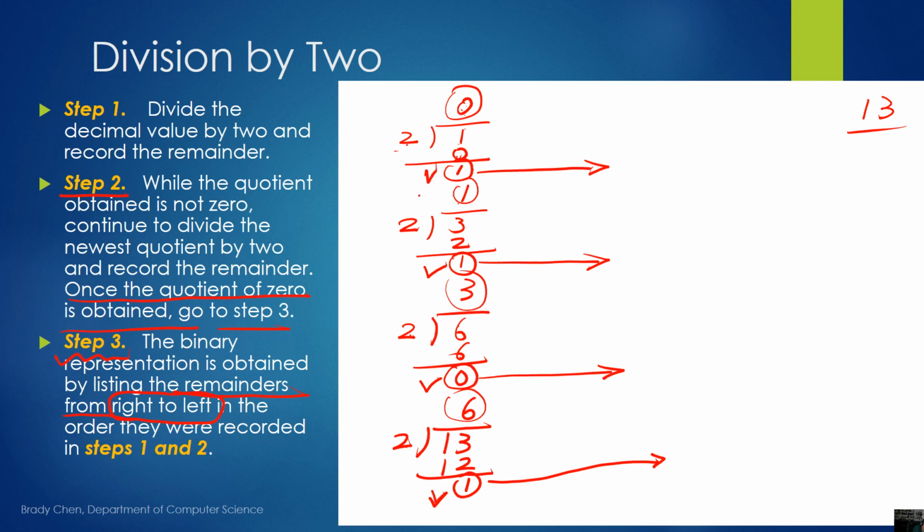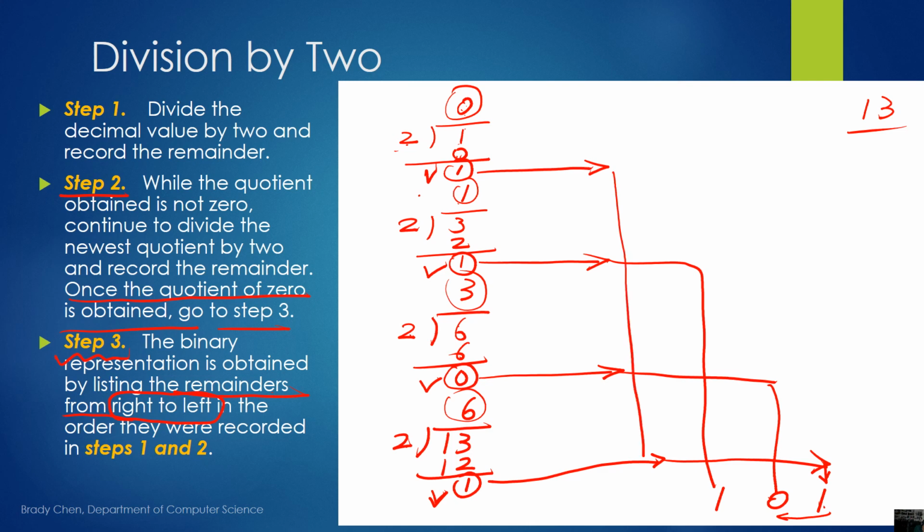The first recorded remainder is put on the right, the second recorded remainder is put next, from right to left, then the third one here, and the fourth one here. So the number 13 can be written as 1101. That's the binary representation of the decimal value 13.